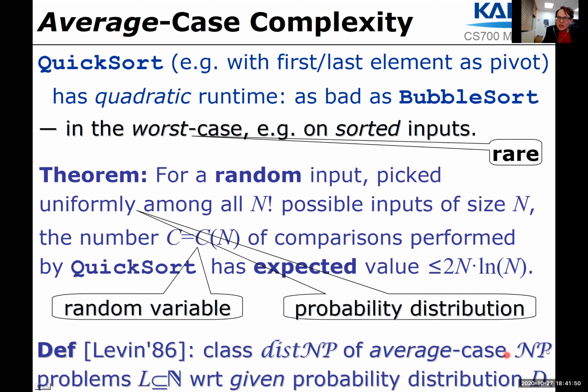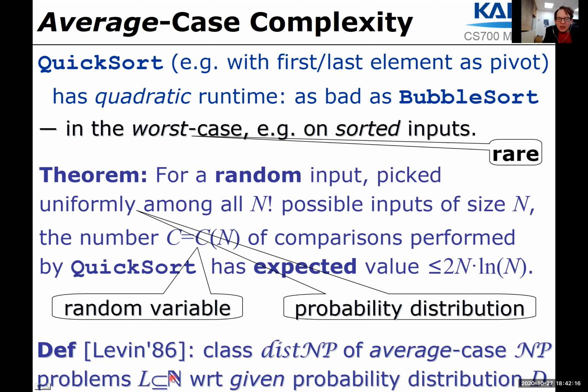So this is an average case version of NP, a class of decision problems which can be solved efficiently or not efficiently in deterministic or non-deterministic polynomial time, but the problems comprising this class must be equipped with a probability distribution.